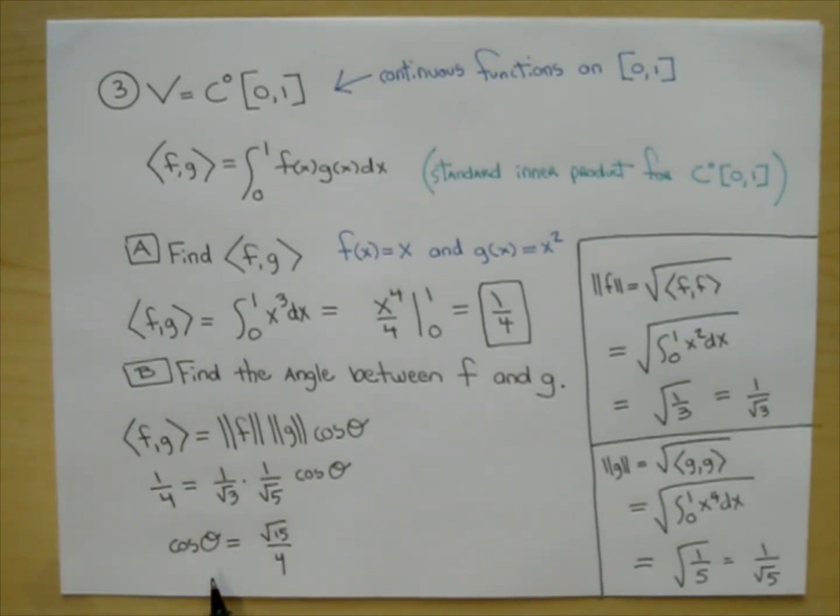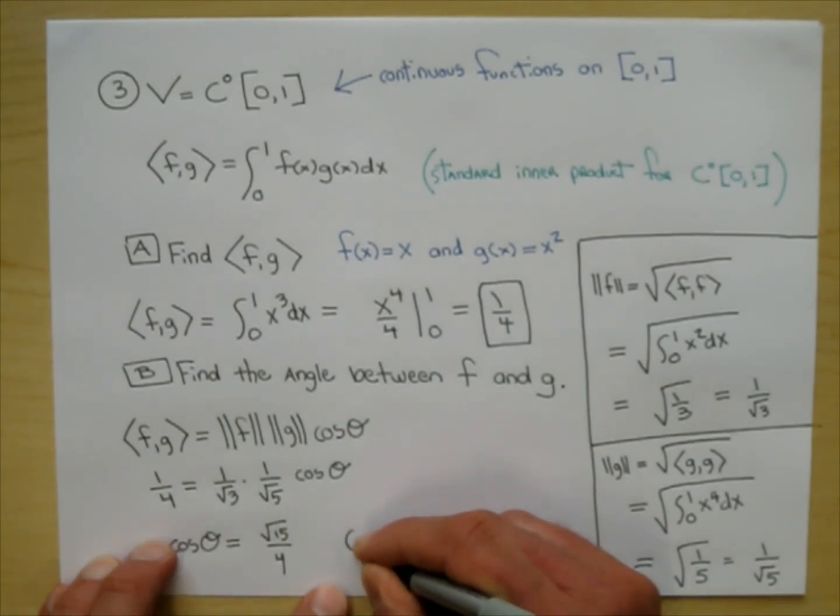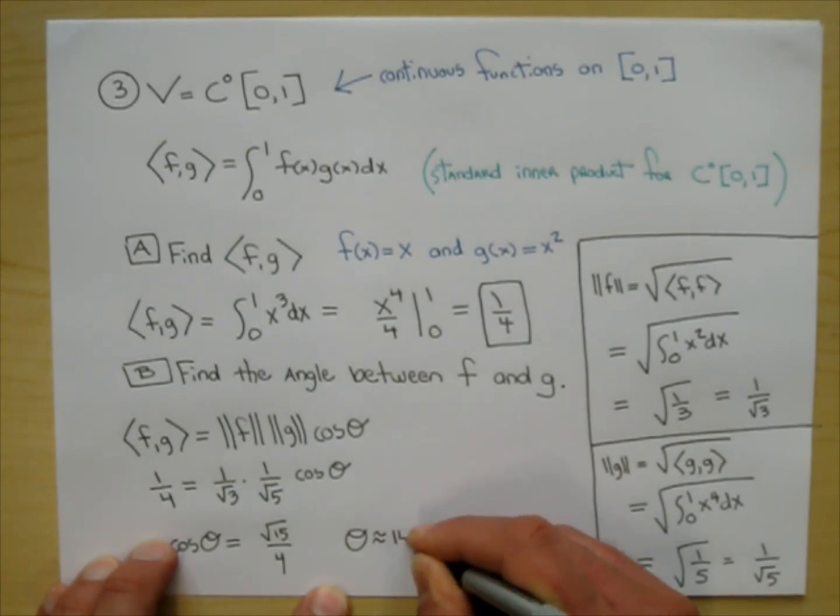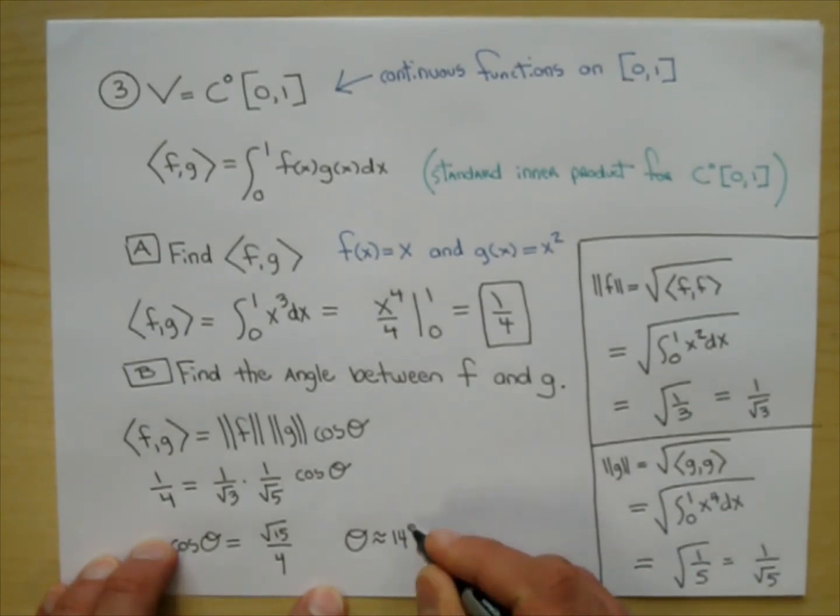In which then you will use your inverse cosine button on the calculator, making sure your calculator is in degrees, and figure out what theta is by pushing some buttons. I'm going to round to the nearest degree. What I ended up getting is theta is approximately 14 degrees.